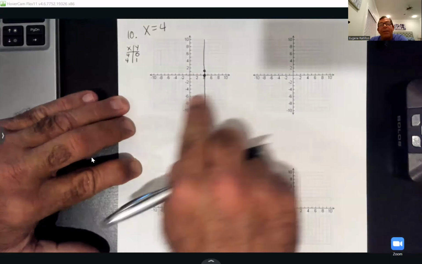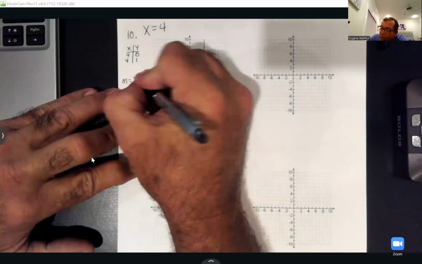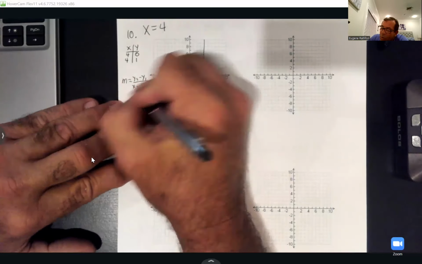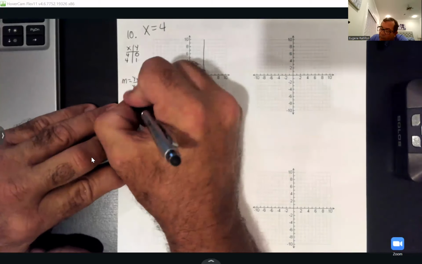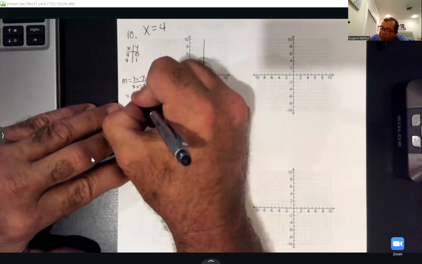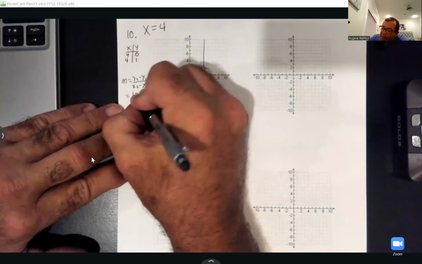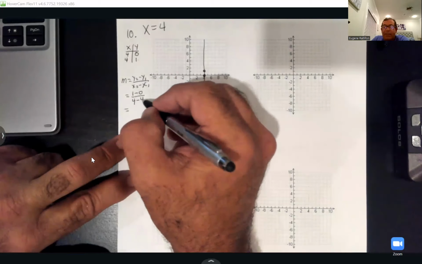Now, I'll show you why this is undefined using the slope formula. Remember, that is y2 minus y1 over x2 minus x1. So my y2 up here would be 1 minus my y1 was 0 over 4 for x1 minus 4 for x2 minus x1.